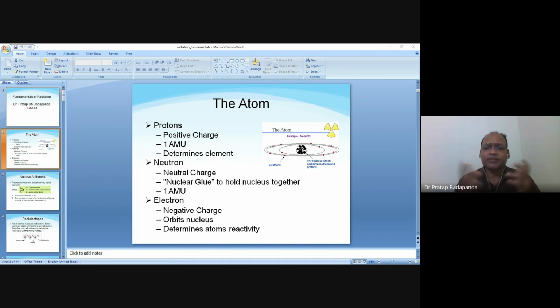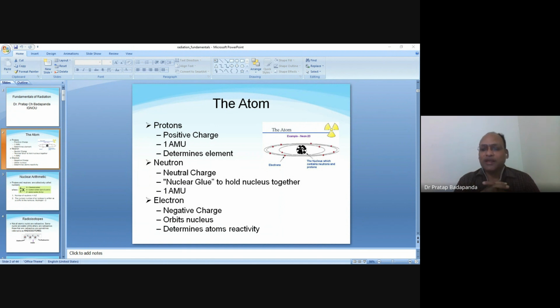Okay. So what things are present inside the nucleus? Inside the nucleus, proton and neutron are present. Proton is a positively charged particle present inside the nucleus. So inside the nucleus, two major fundamental particles are present: one is proton, second is neutron.